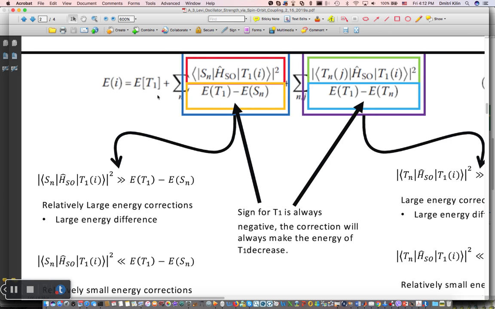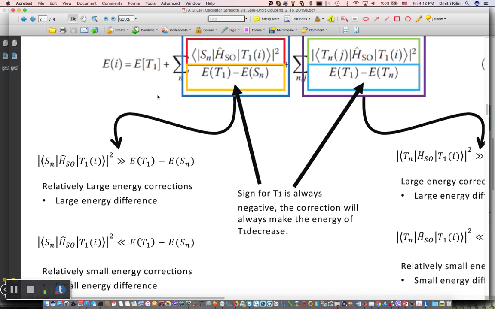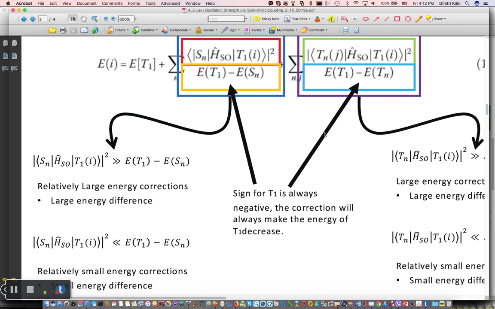So if we look at the matrix element, if that's much greater than the difference between the singlet excited state and the first triplet excited state, this will have a relatively large energy correction. If it's the opposite, it should be relatively small. And this is also the case for the triplet.